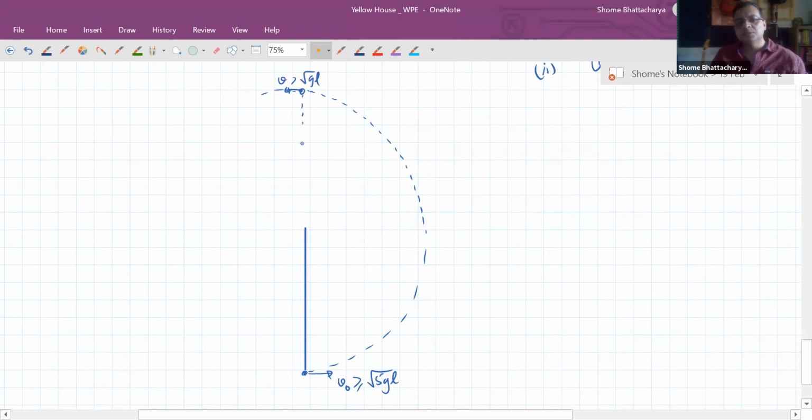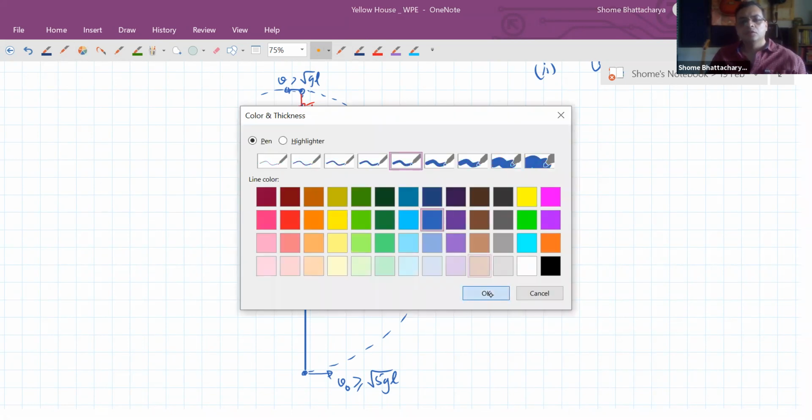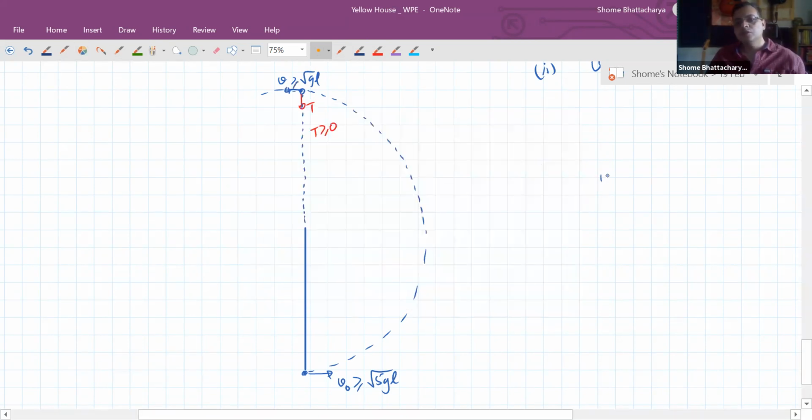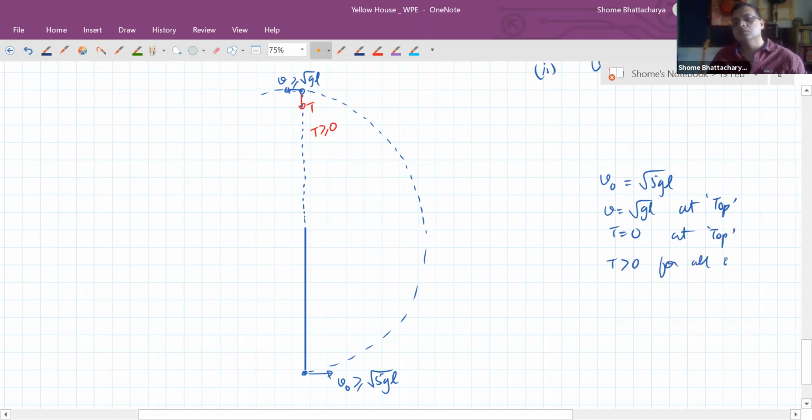And if the speed at the highest point is greater than root GL, then the string is still taut because tension is greater than or equal to 0. So for V naught exactly equal to root 5 GL, V is equal to root GL at the top point. So tension is equal to 0 at the top, but tension is greater than 0 for all other points.